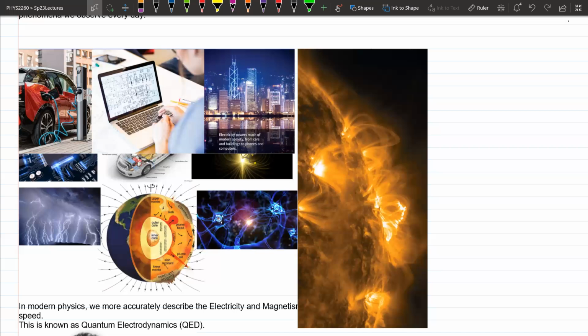So this little picture here might look a little bit abstract for those of you. Can anyone guess what this picture is supposed to show? Neurons, right? You guys are much smarter than me. Okay, so the human body also works on electricity, right?